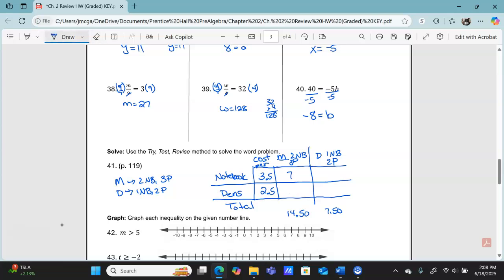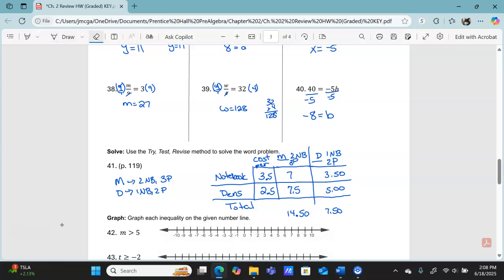That would be 250 times 3 is $7.50. So that would give me my 1450. So that would work for her, but would it work for Danilo? 1 notebook would be 350. 2 pens would be $5. So that's 850. So no, that doesn't work.